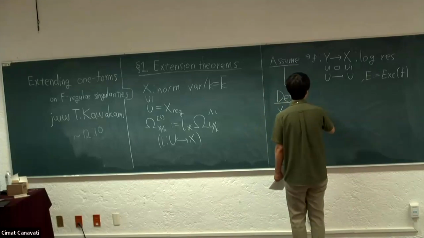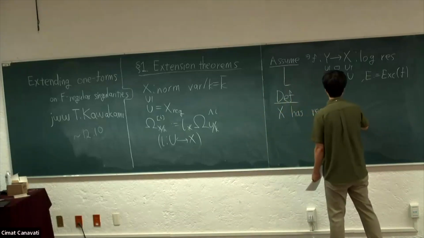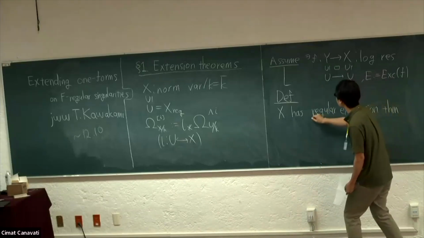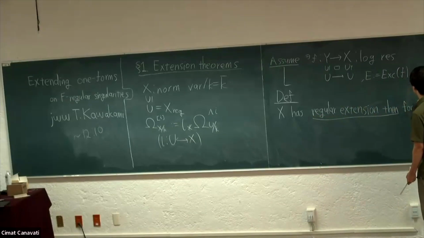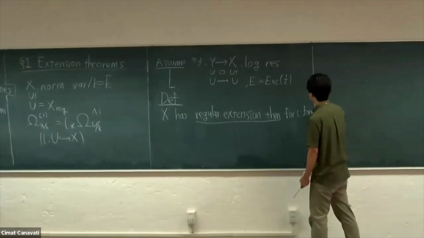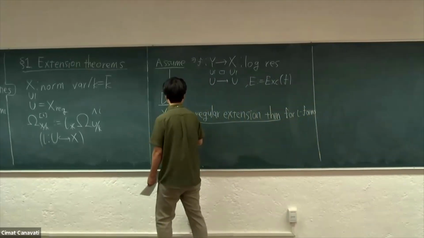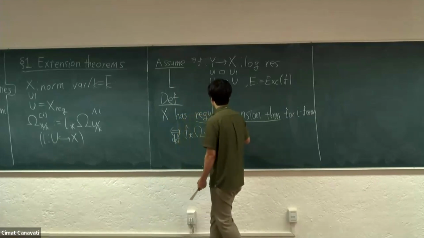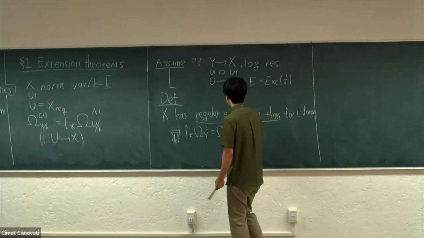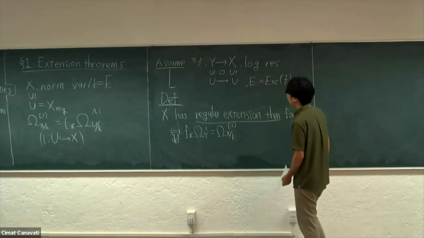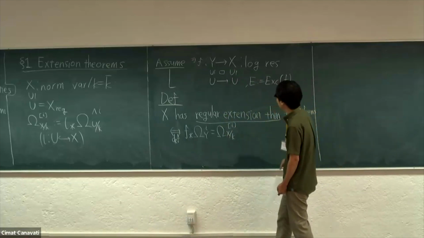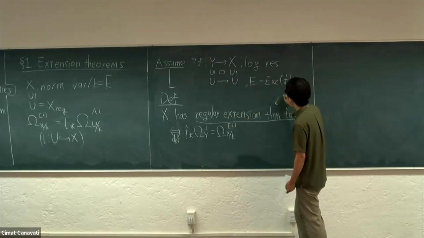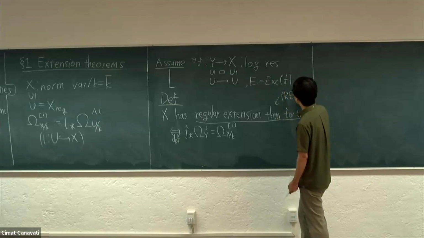We say that X satisfies the regular extension theorem for i-forms if the pushforward of omega_Y^i coincides with the bracket omega_X^[i] over X. If this is satisfied, then we say that X satisfies the regular extension theorem for i-forms, and I write this as RET_i.